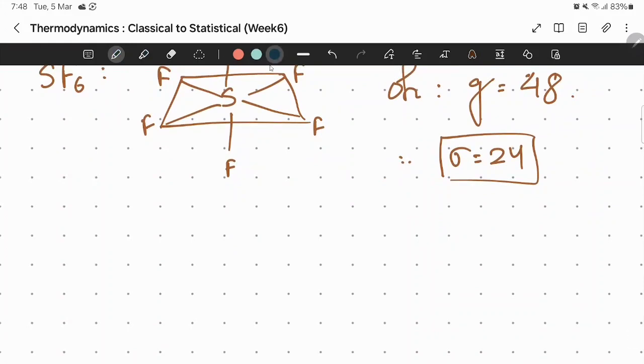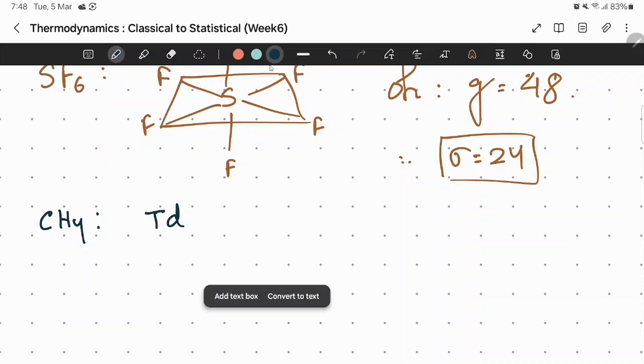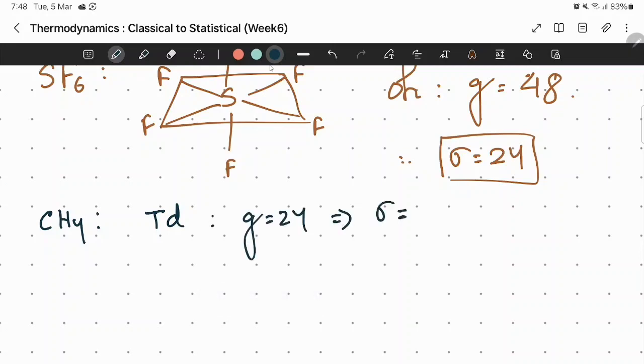And for a tetrahedral molecule, like methane, the point group is tetrahedral. For the tetrahedral point group, what is the number of elements, meaning the order? 24. Then sigma will be 12. SiH4 is also a tetrahedral molecule. For any tetrahedral molecule you can do it like this, CHCl3 also.